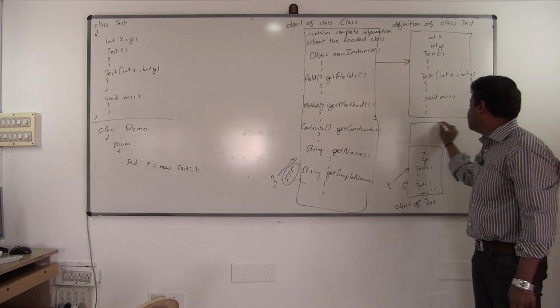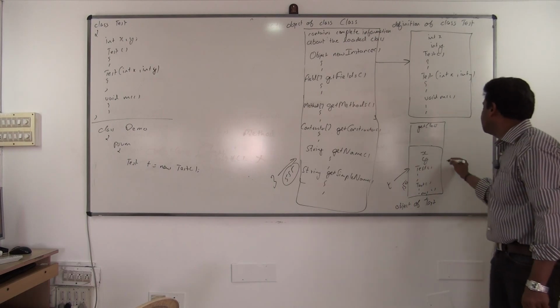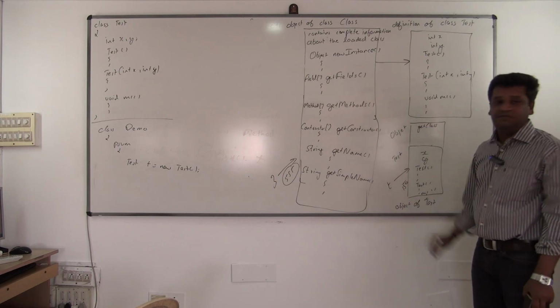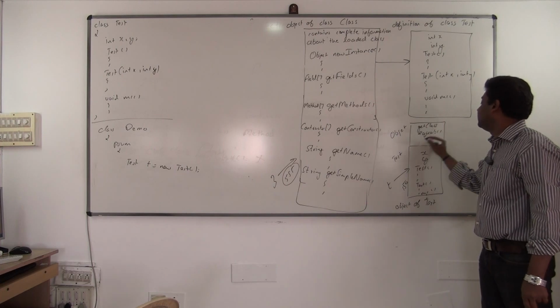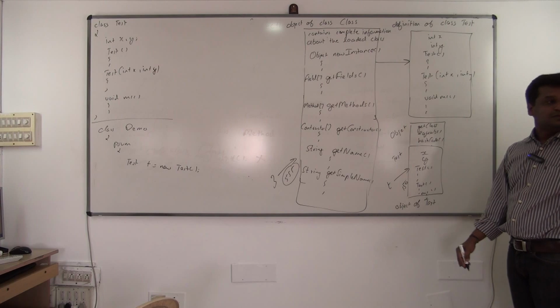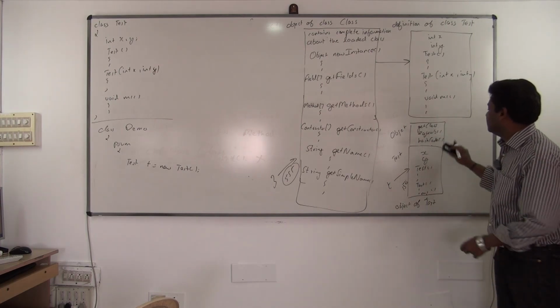But some more members come from class Object. Which ones? Get class. So these are the members of test, and these are the members of Object. Get class, equals method, hash code method, all these methods come from the superclass.